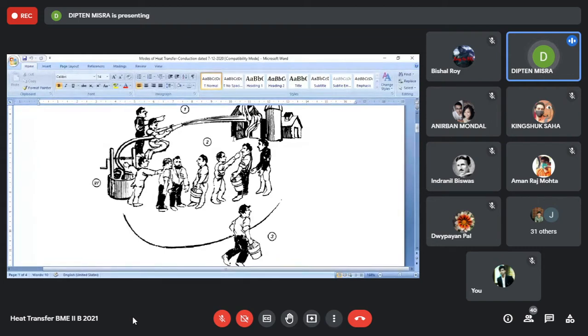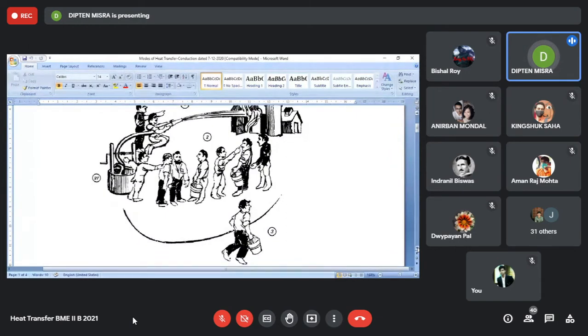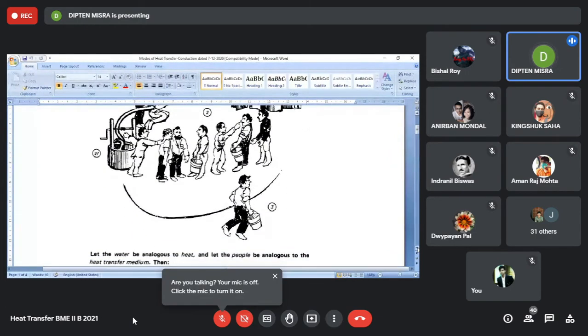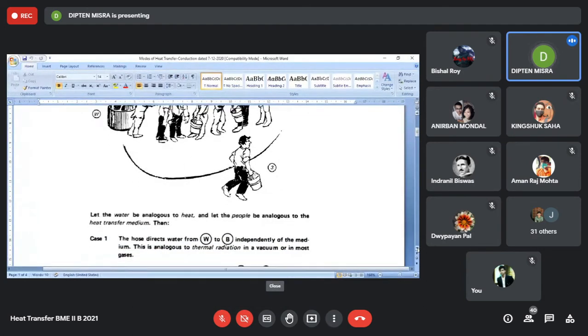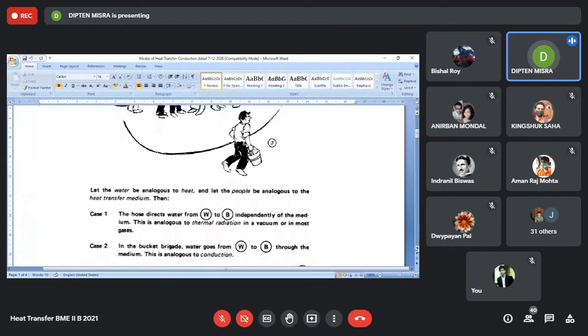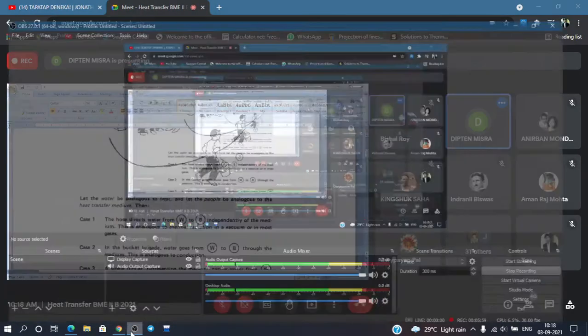Because once we identify the mechanism, only then will we be able to apply the appropriate laws that govern that mode of heat transfer. So first we'll identify the mechanism, and then apply the appropriate form of governing laws that dictate the rate of heat transfer through that mechanism.